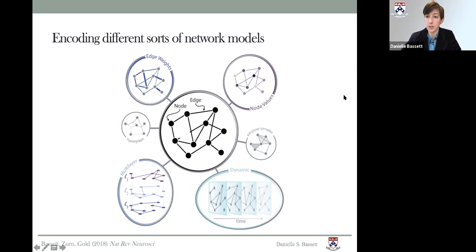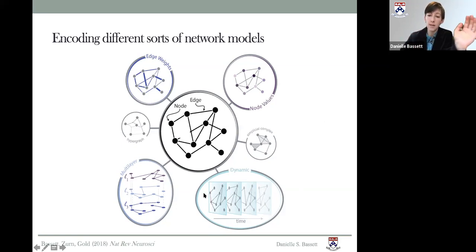There are other extensions that we could consider. I want to draw your attention to the bottom right of the slide, which illustrates a dynamic network. This is where we have a network organization at one time slice, and then another network organization at the next time slice, and the next, and the next.